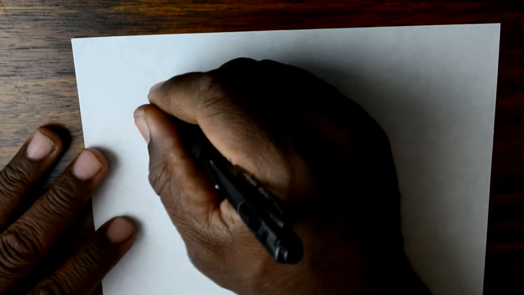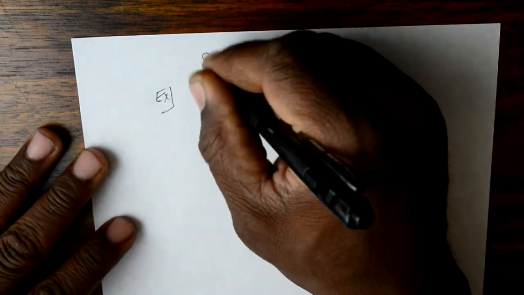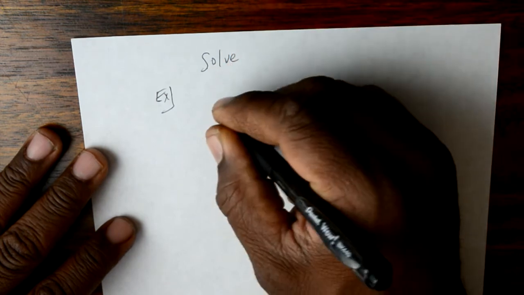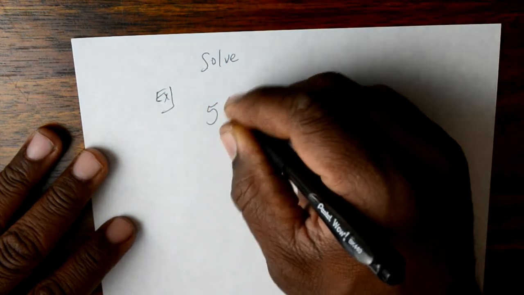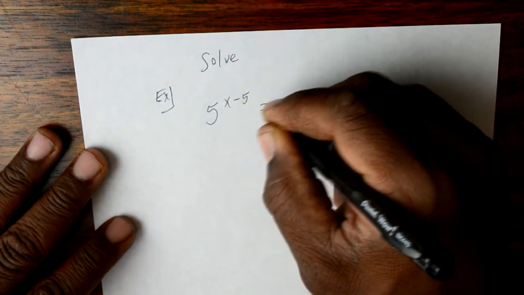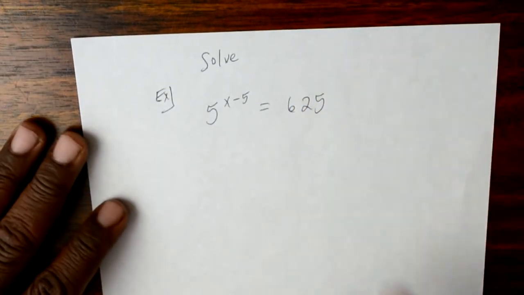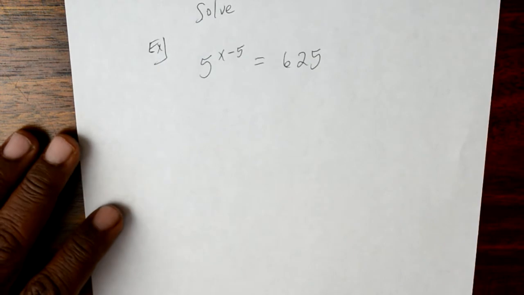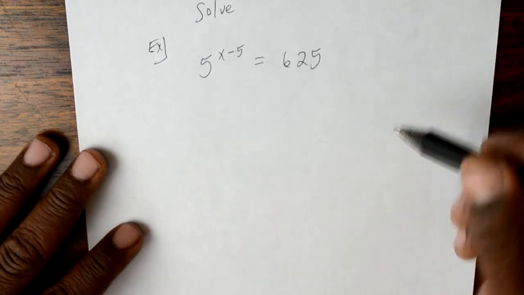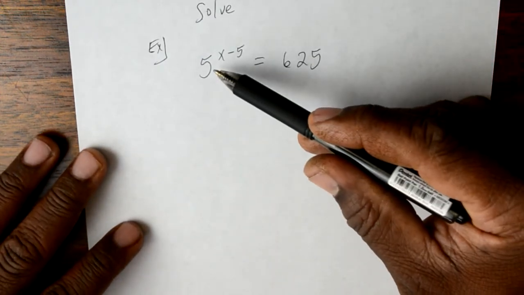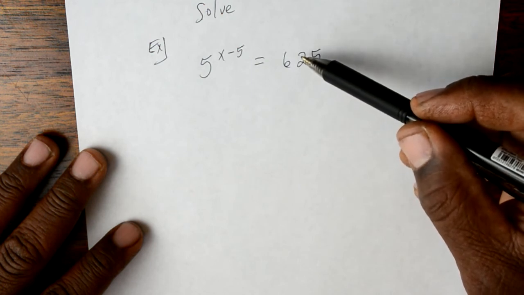Let's take a look at another example. Here we're asked to solve 5 raised to the x minus 5 power is equal to 625. So here we'll solve this equation for x. Again, I'll try to make my bases exactly the same.